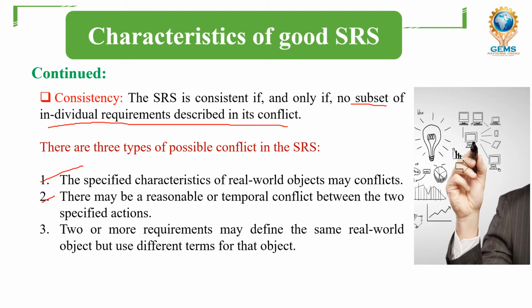Second, there may be a logical or temporal conflict between the two specified actions. So there is a chance for logical or temporal conflict between the two specified actions. And third, two or more requirements may define the same real world object but use different terms for the object. So we have three different types of possible conflict in the SRS.